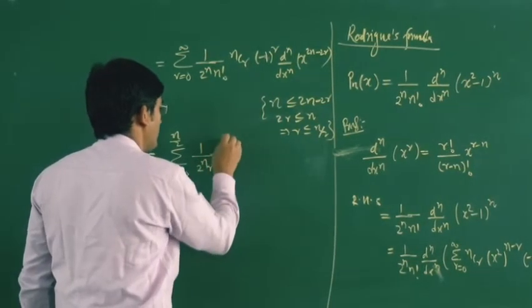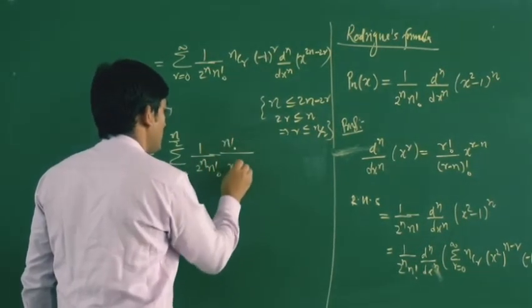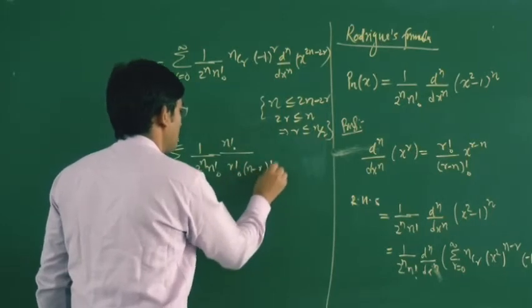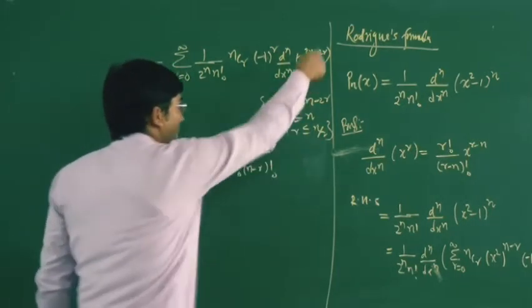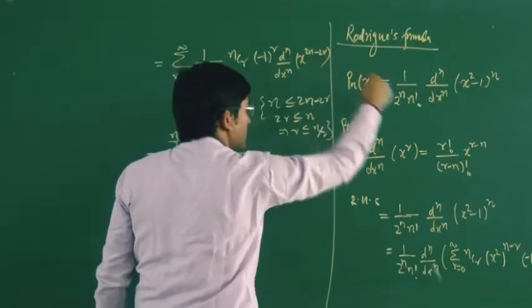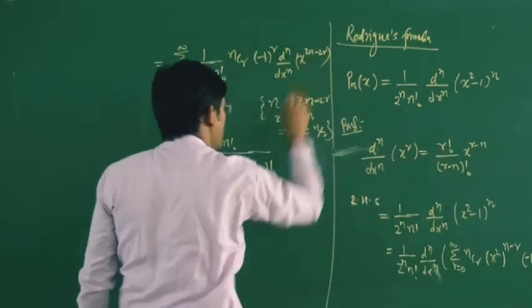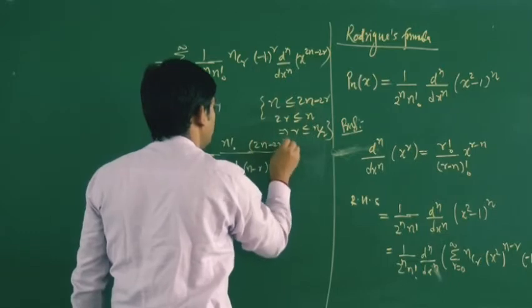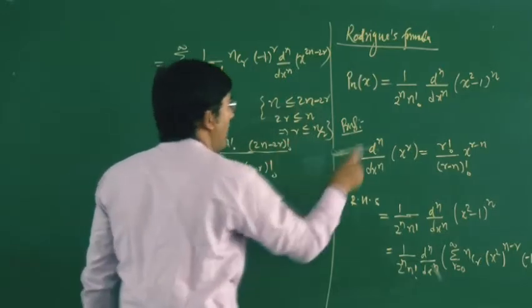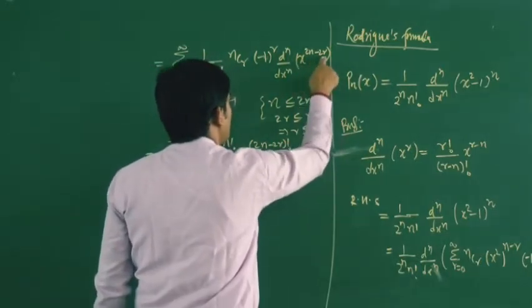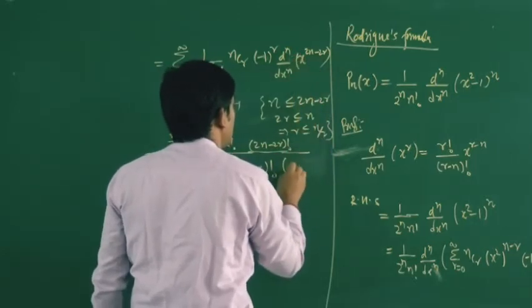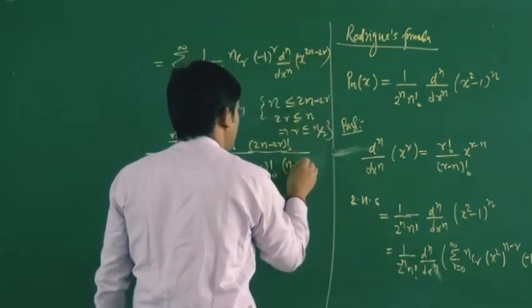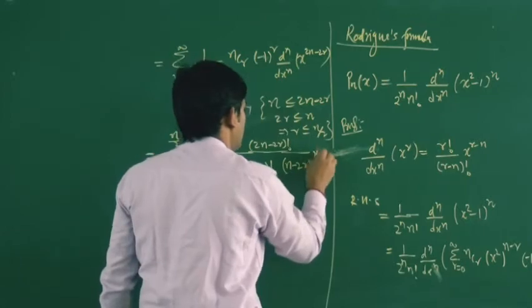Your nCr will be factorial n divided by factorial r into factorial (n minus r). Now this nth derivative of x power 2n minus 2r is equal to factorial (2n minus 2r) divided by factorial (2n minus 2r minus n), so this will be factorial (n minus 2r) into x power n minus 2r.